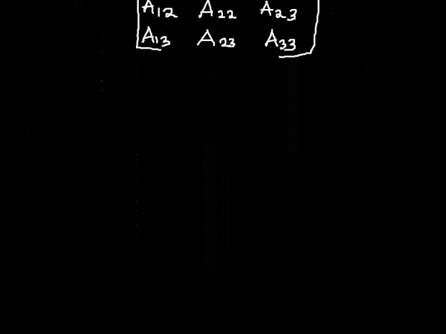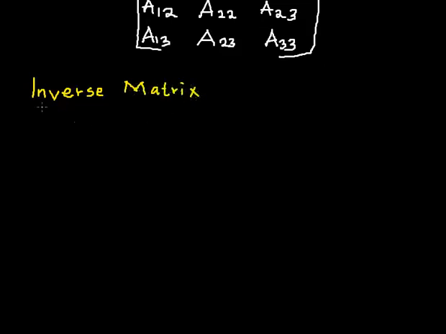All right, now we still have to look at another operation on the matrix. It's known as the inverse of a matrix. Now let's say we are to evaluate the inverse of a matrix.